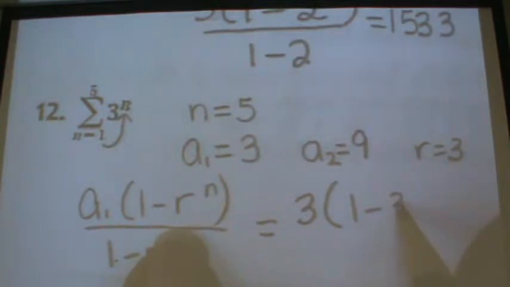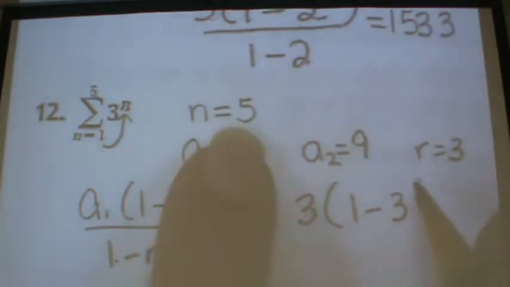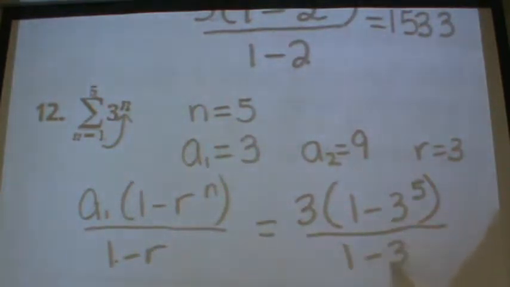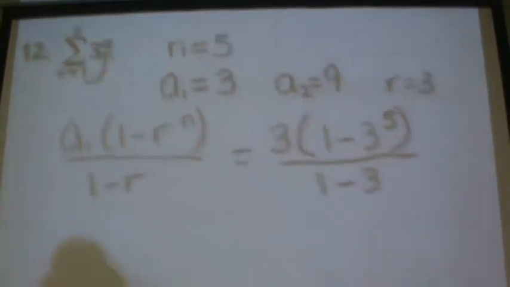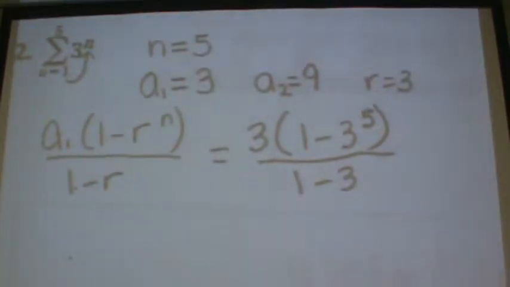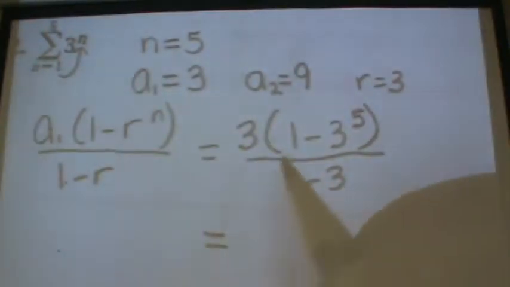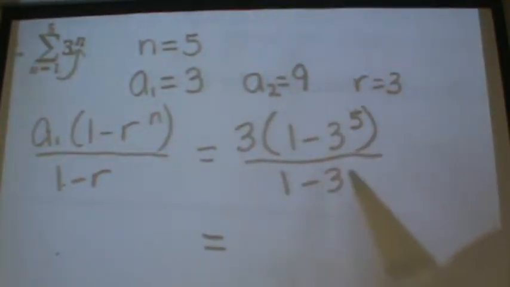1 minus 3 to the 5th power, n is 5, over 1 minus 3. Type that in your calculator. Now, you should be practicing to make sure that you can get the correct answer, because this is tricky.